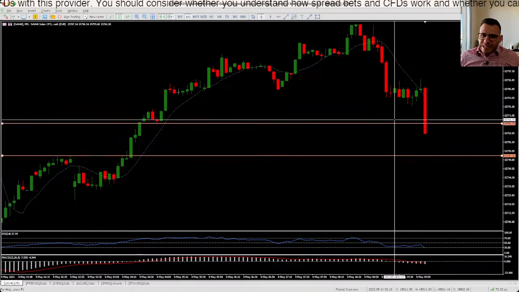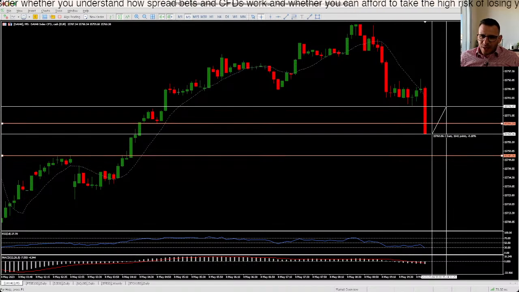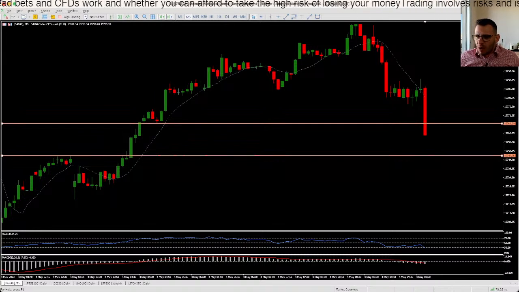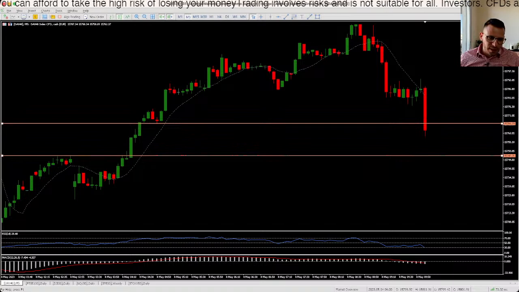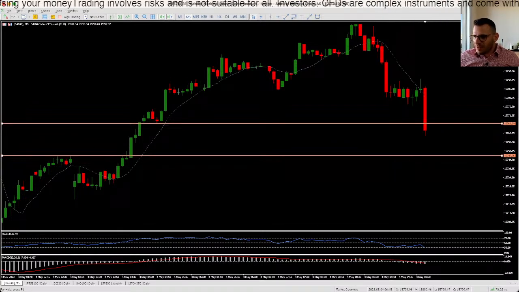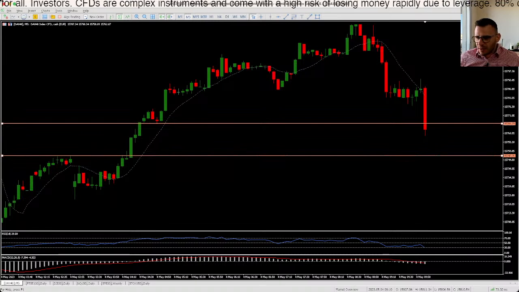So, if you are still in the trade, ladies and gentlemen, the DAX has already moved 16 points. Please manage your risk accordingly. I love these days when we have winning trades on the DAX.